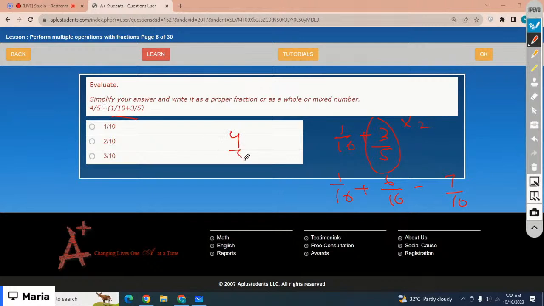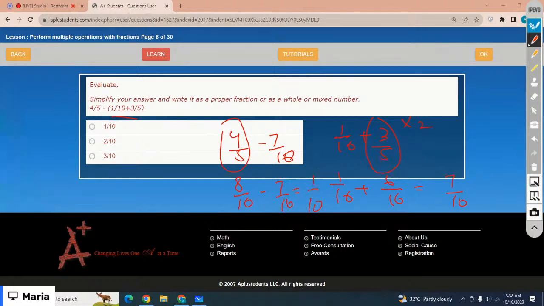So you have 4 over 5 minus 7 over 10. You cannot subtract until they have the same denominator, so just multiply this by 2. 2 times 4 is 8, 2 times 5 is 10, right? So 8 take away 7 is 1 over 10.